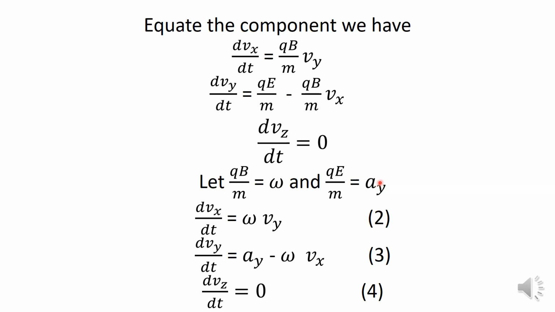Thus after putting these values, we have the equation dvx/dt is equal to omega into vy, this is equation number 2, and dvy/dt is equal to a_y minus omega into vx, this is equation number 3.